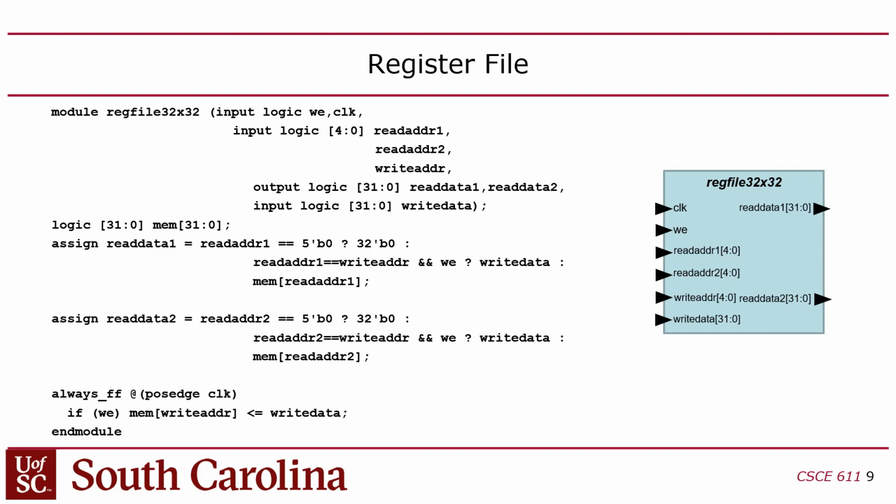Well, the problem is that we're building a pipelined MIPS processor. And in the pipeline, this instruction is going to be writing the register, while this instruction is going to be in the execute stage.